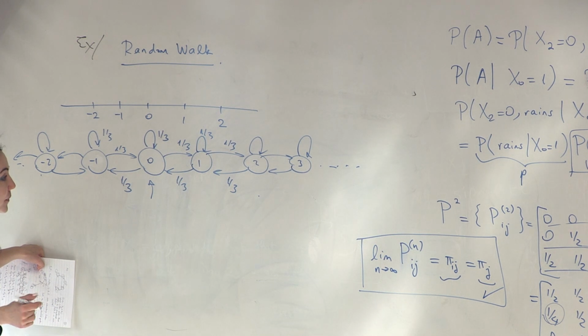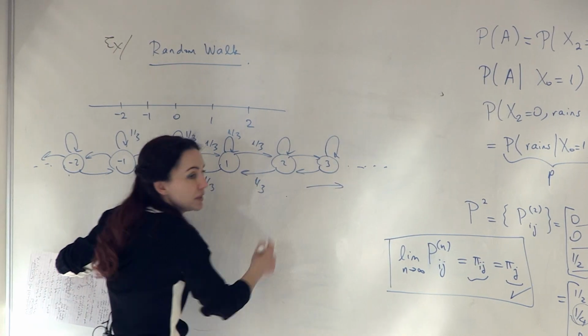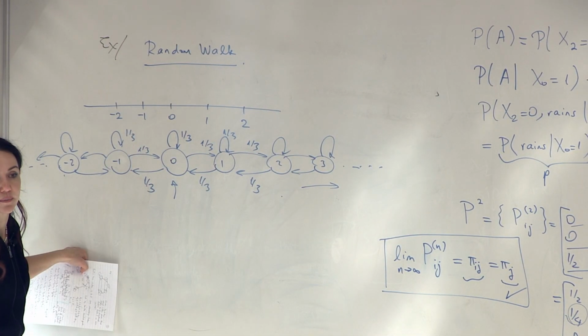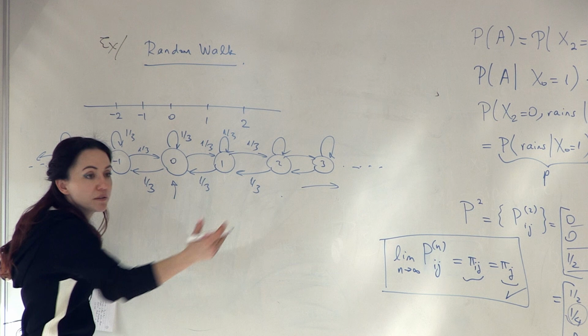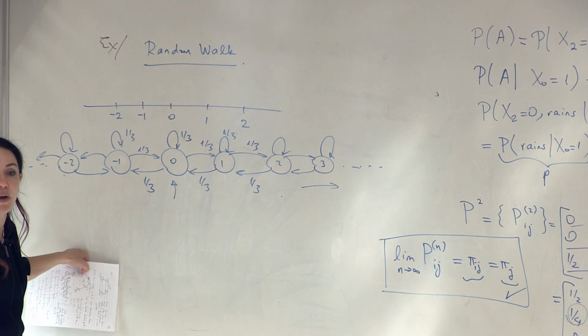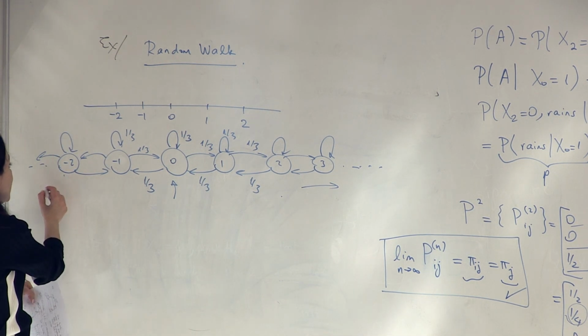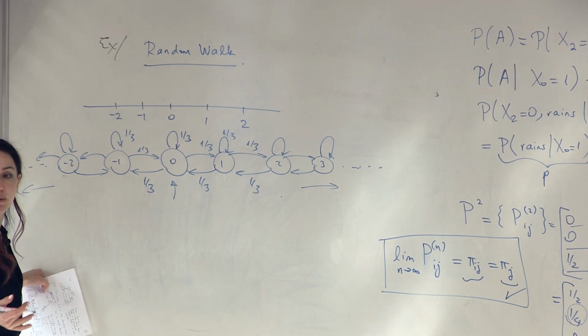I claim that anything beyond 2 is irrelevant to us. Once we reach 2, we're done, so the problem is over. Anything beyond 2 is irrelevant. Similarly, anything beyond -2 is also irrelevant.